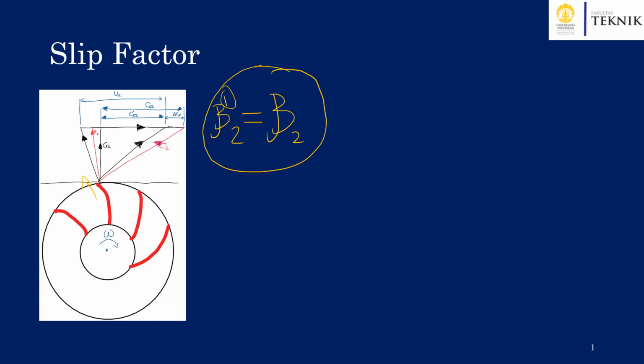In actual cases, this might not happen, so beta prime 2 will not be equal to beta 2. This is where the slip factor plays a role.